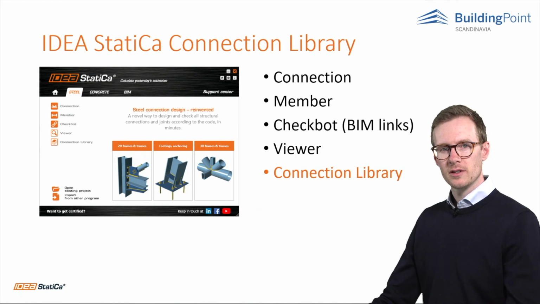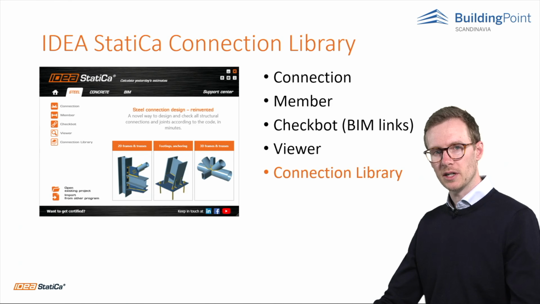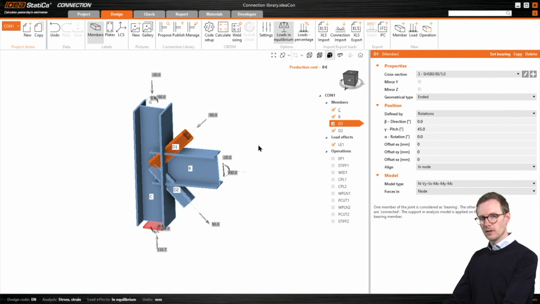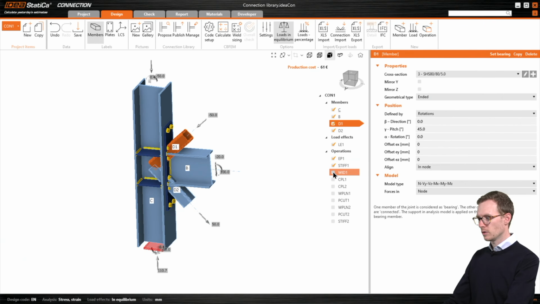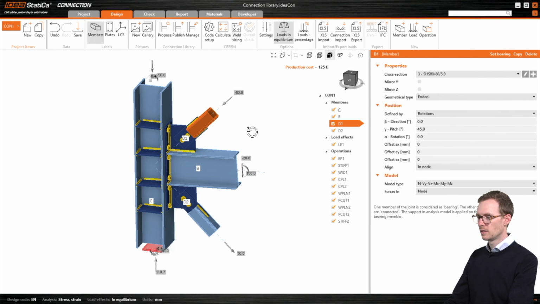So the next topic is the connection library. I've touched on it a couple of times, but let's look at it in more detail and what it is. Let's say that you have a connection that you have spent a lot of time modeling. You put on all of the operations like this. You set all the parameters, and you are happy with the connection.